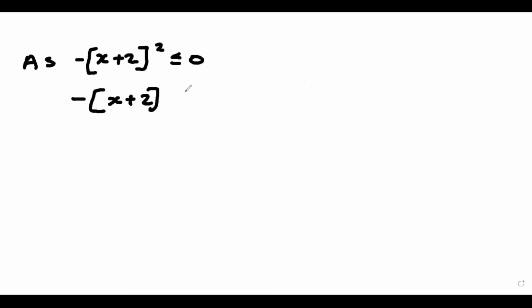So as negative (x plus 2) squared is less than or equal to 0, negative (x plus 2) squared plus 7 is less than or equal to 0 plus 7.